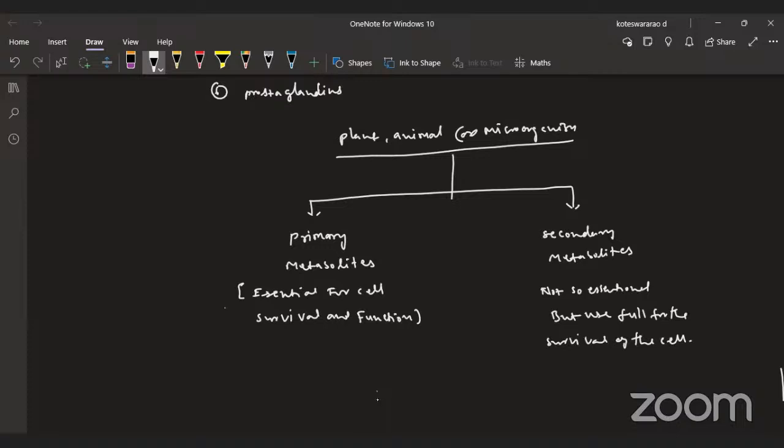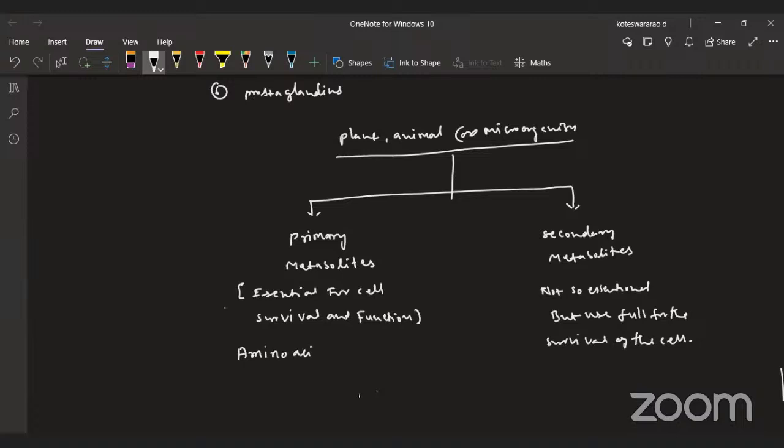Useful for the survival of the cell. For example, primary metabolites and secondary metabolites. We can take nucleic acids. First coming with the amino acids. These are the building blocks for the proteins.